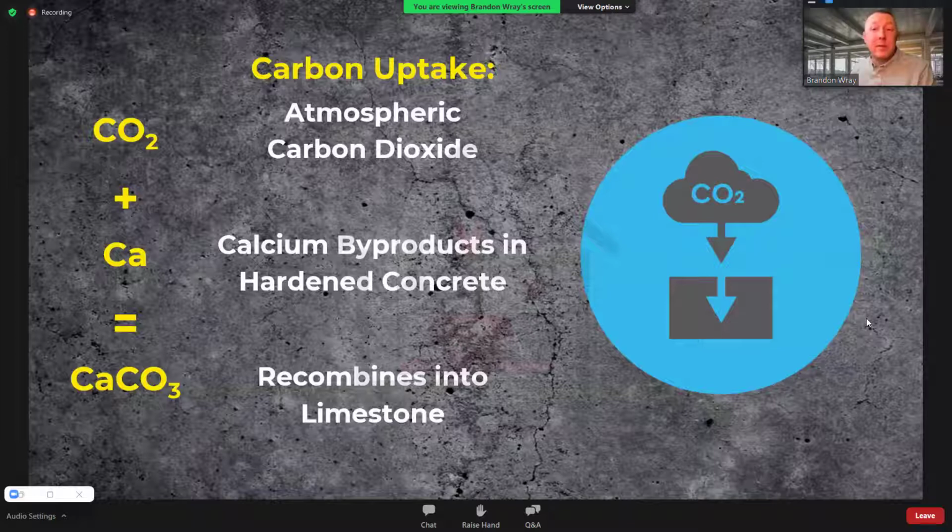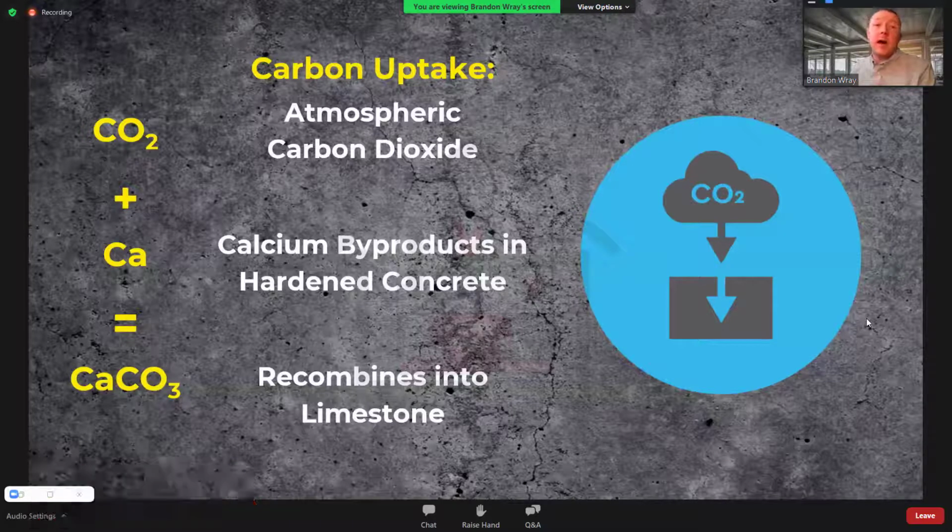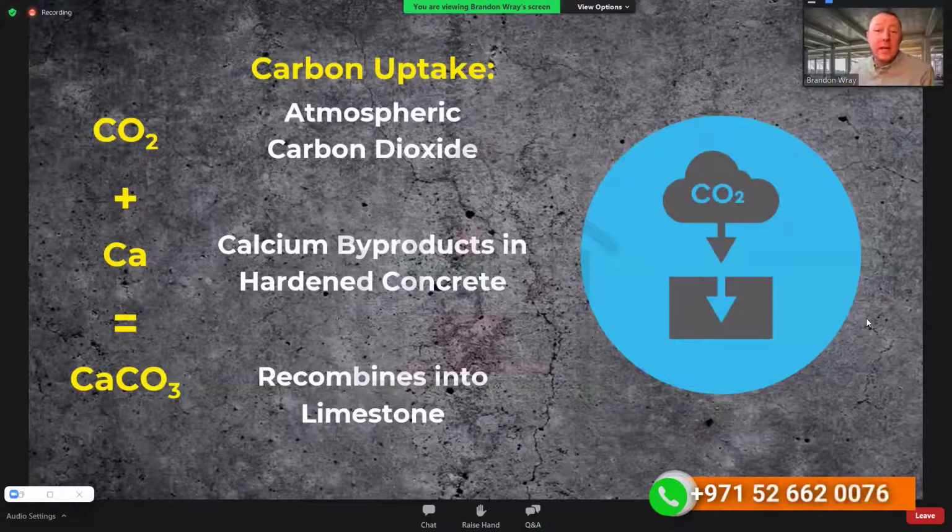Atmospheric CO2 progressively diffuses through the concrete surface where it can recombine with calcium products and ultimately form limestone within the concrete surface. And theoretically, given enough time and ideal conditions, all the CO2 emitted from calcination could be sequestered via carbonation. Preliminary estimates put this around this.